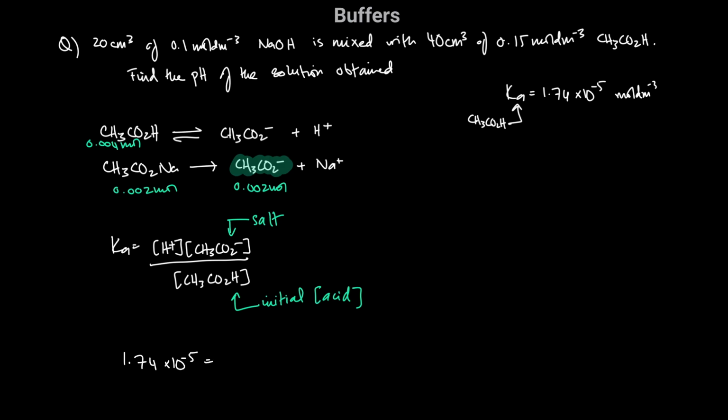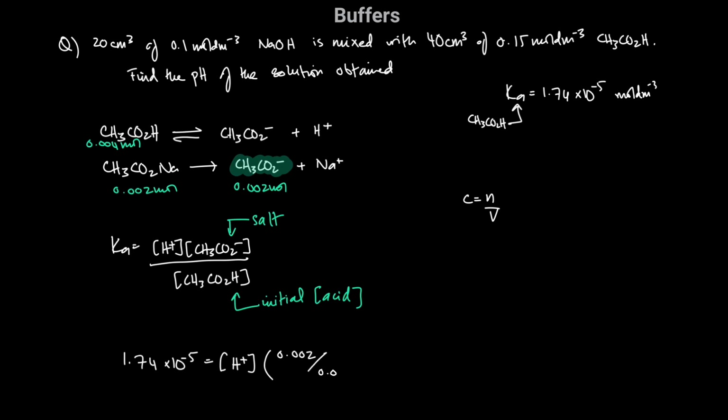and this is equal to the concentration of H plus times the concentration of the conjugate base from the salt. The concentration is just number of moles per unit volume. The number of moles here is 0.002, and the volume is 60 cm cube, the final volume of the solution, because you mixed a 20 cm cube and a 40 cm cube solution together.